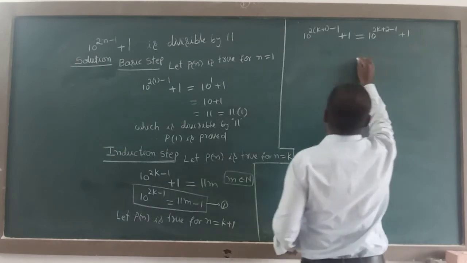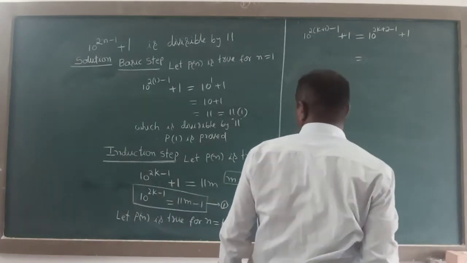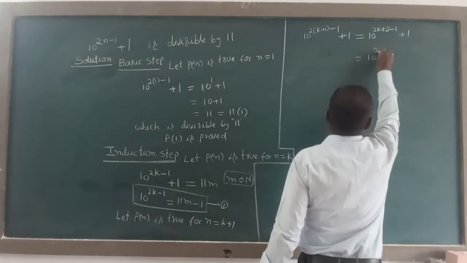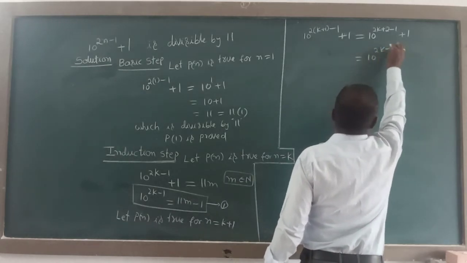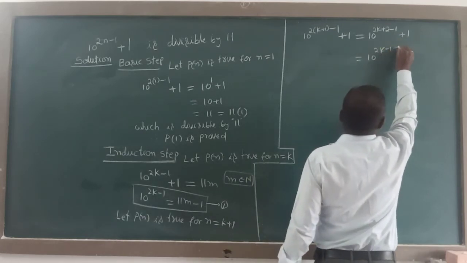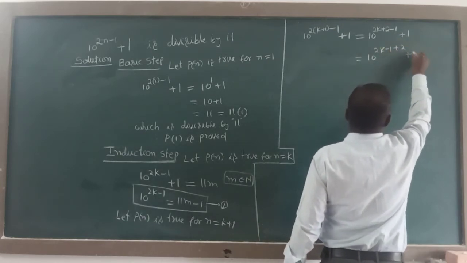That is equal to 10 to the power of 2k minus 1 plus 2, plus 1. Just you can reverse them: minus 1 plus 2 plus 1.